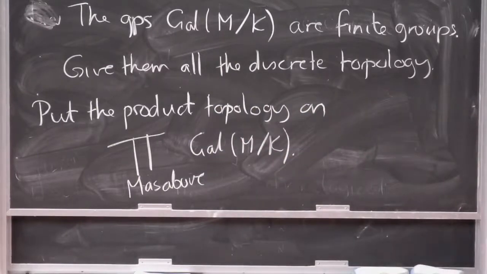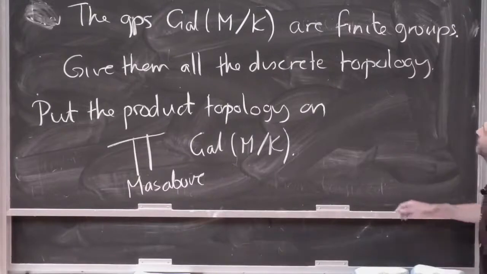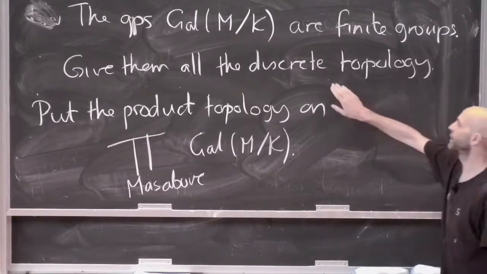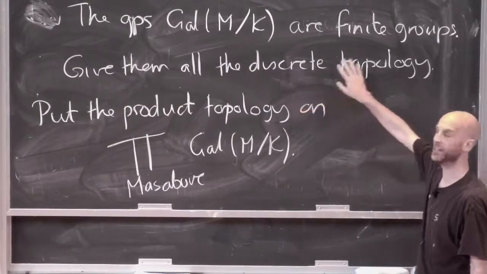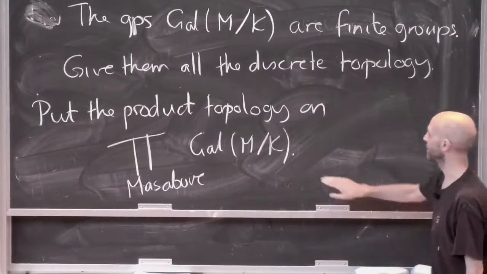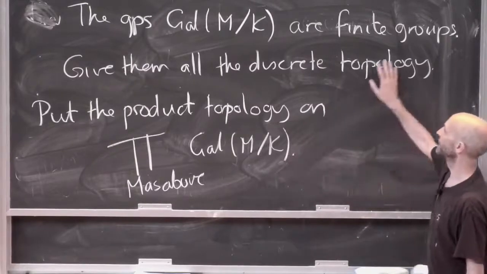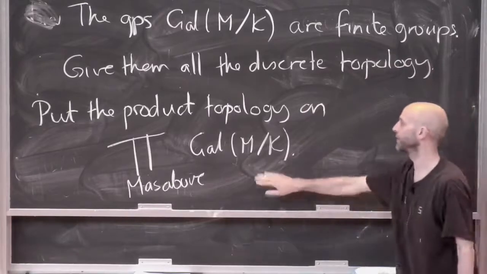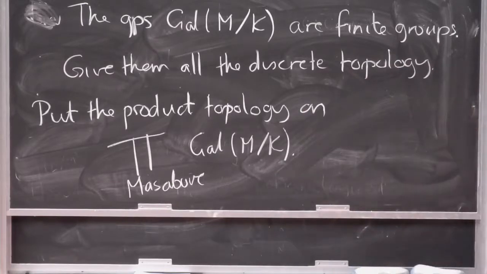As I say, it's a little bit surprising at first that if you have a bunch of finite topological spaces with the discrete topology, where every subset is open, and now you have some infinite product of these things, surely in this infinite product every subset is still open. And that's not true. It doesn't work like that. It's quite surprising.